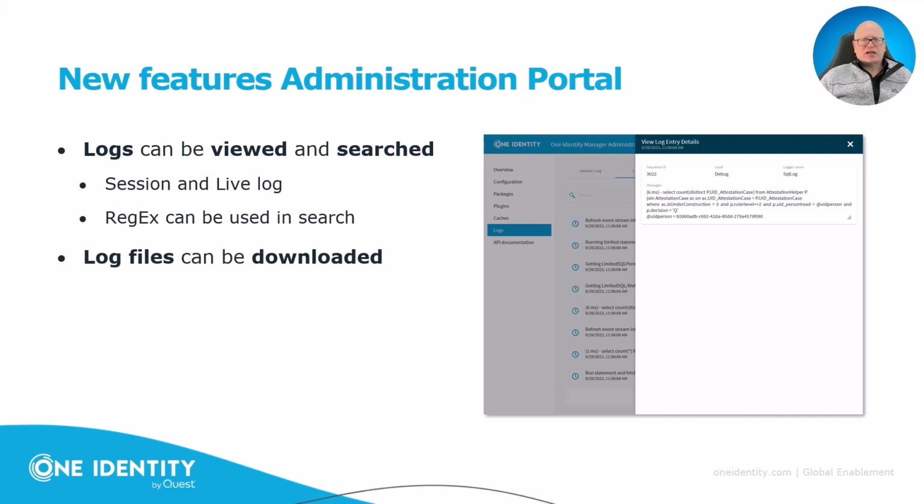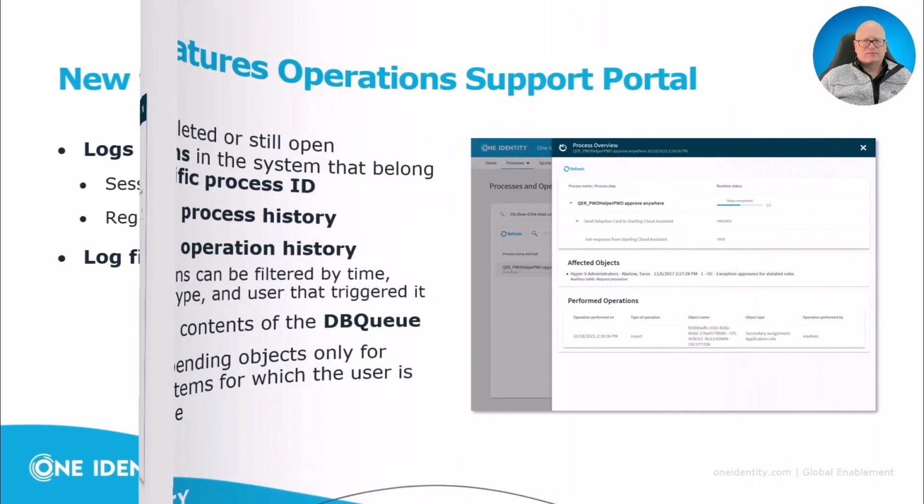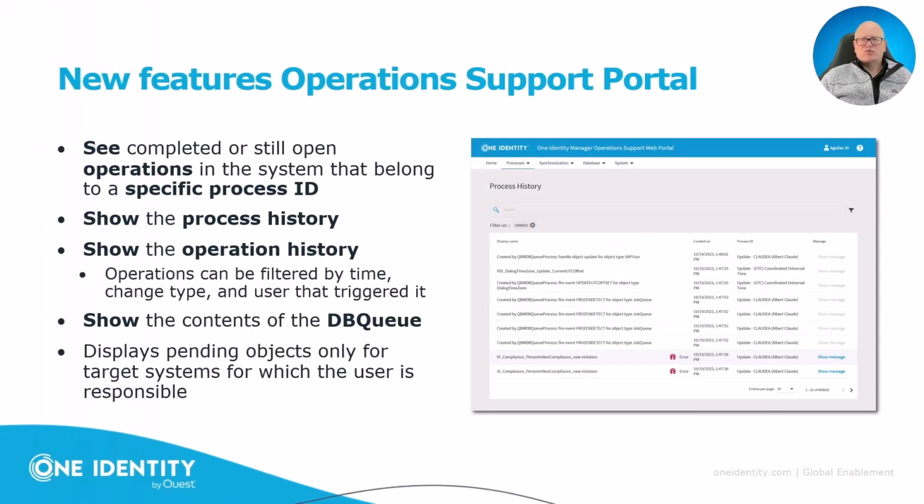Now there is a feature in the admin portal where you can see session logs and live logs. You can also use regular expressions to find and search for specific content. And of course, you can download the log files so that you can load them in your preferred text editor.